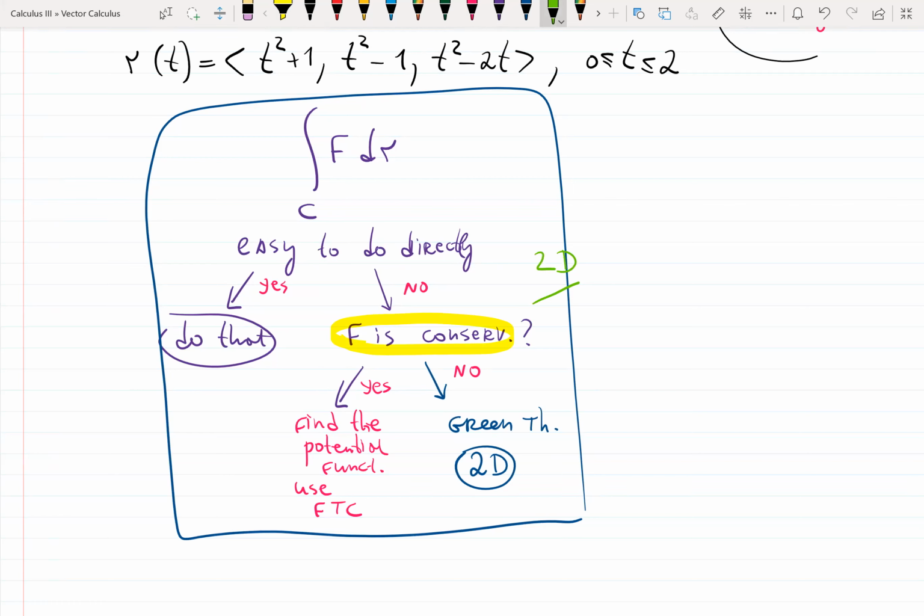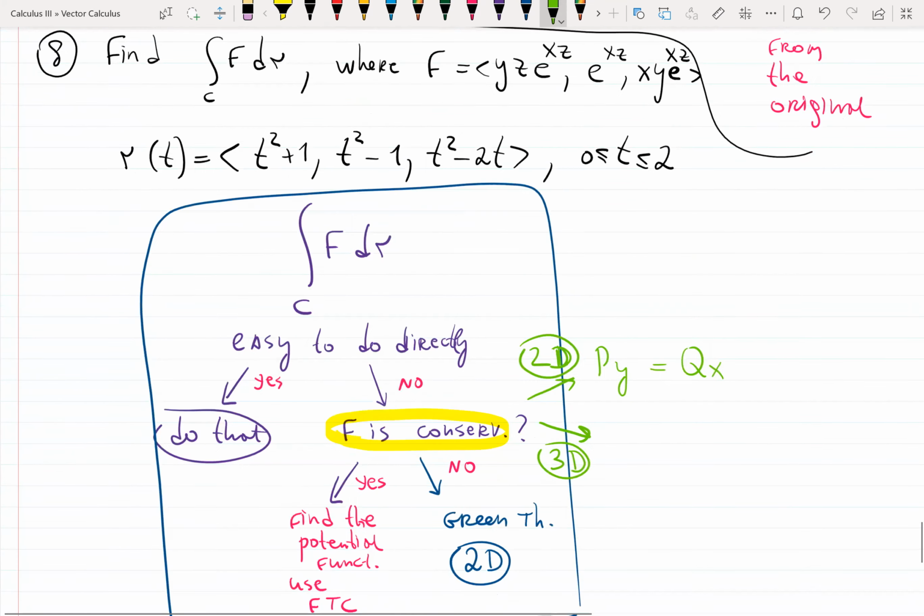Do we check if P_y equals Q_x, right? P_y equals Q_x, the mixed one, exactly. Do you guys agree? This is what we did for the last exam. Now we find out what happens if it has more dimensions, and that's what we have here. It's a 3-dimensional function.